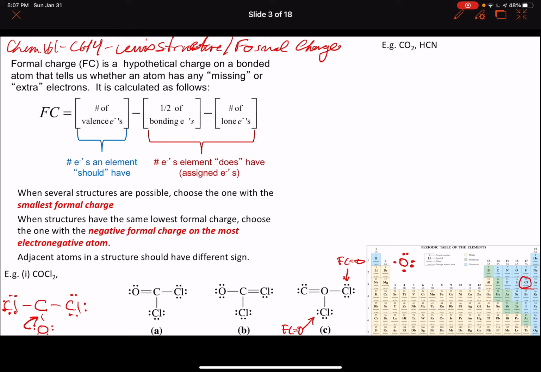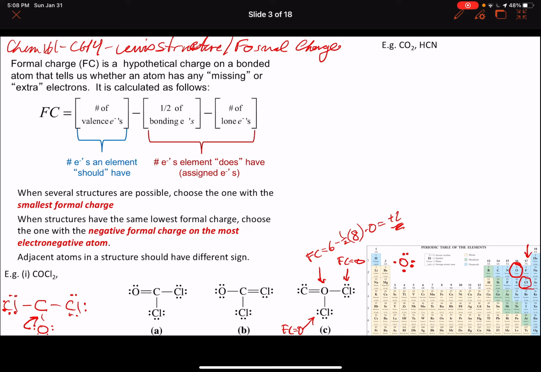Okay, that's what we would want. We can look at the formal charge on this oxygen: 6 minus a half of all the electrons in bonds. I see 8 there, minus 0 for the number of lone pairs. This formal charge here is 6 minus 4. This is plus 2. Huge red flag. A plus 2 formal charge on a very electronegative element, oxygen, neighbor to the most electronegative element in the periodic table, fluorine. Huge red flag.